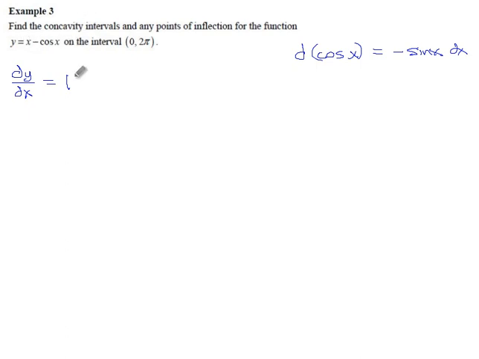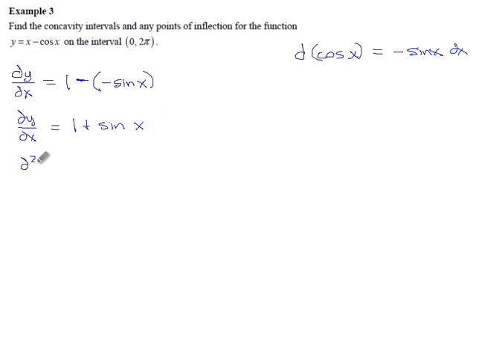So the derivative of x gives us 1, and then minus, and the derivative of cosine x is negative sine x. There isn't any chain rule here because the thing inside the argument is no more complex than just an x. So when the dust settles, our first derivative is just 1 plus sine x.